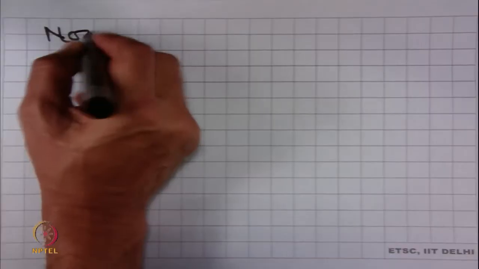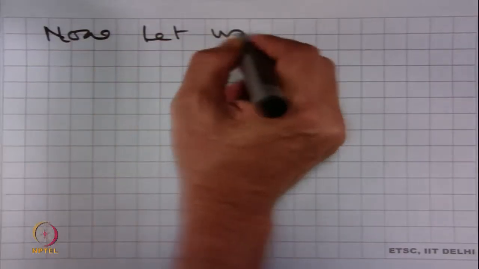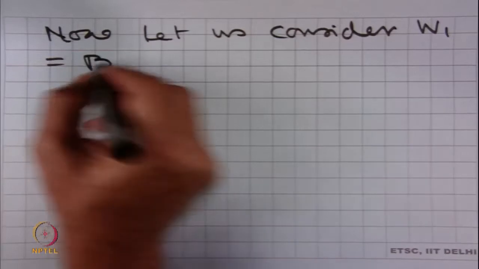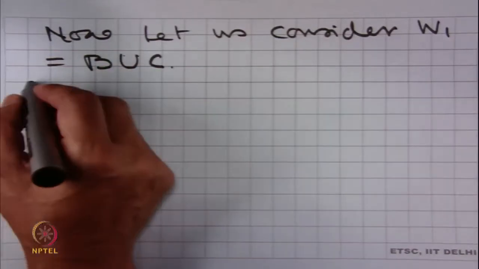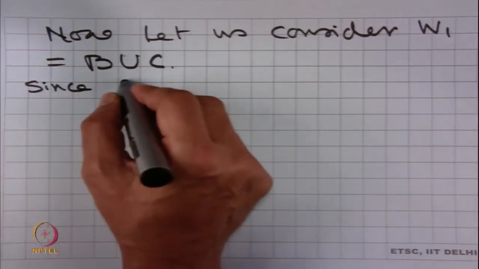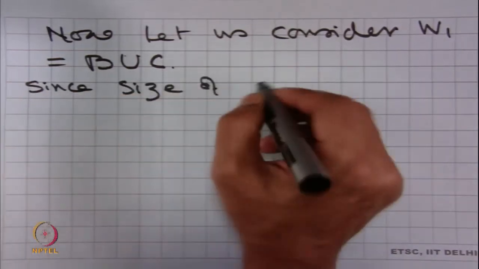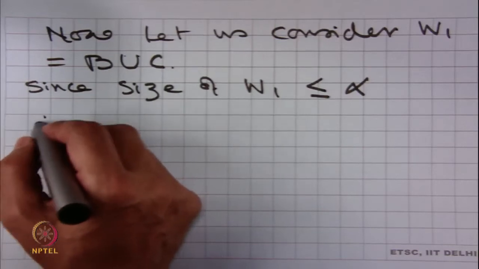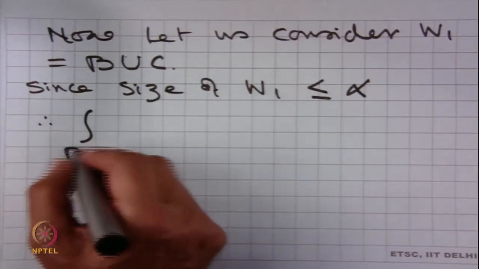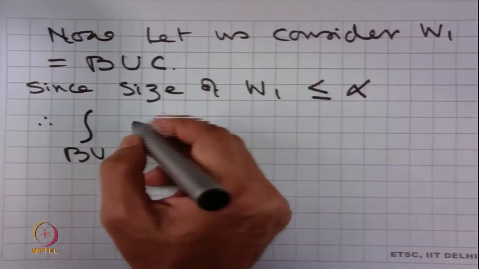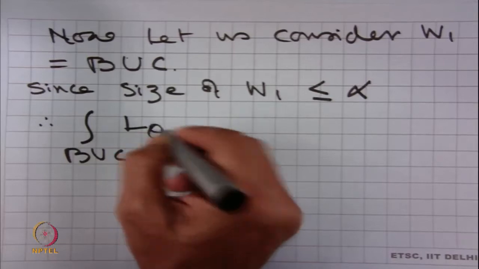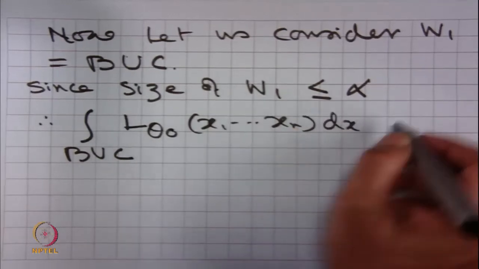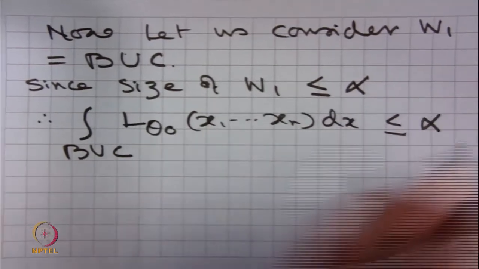Now, let us consider W 1 is equal to B union C. Since the size of W 1 is less than or equal to alpha, therefore, integration over B union C of L theta 0 of x 1, x 2, ..., x n dx is less than or equal to alpha.